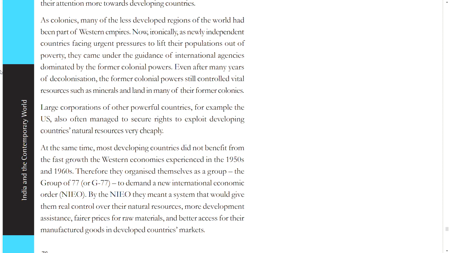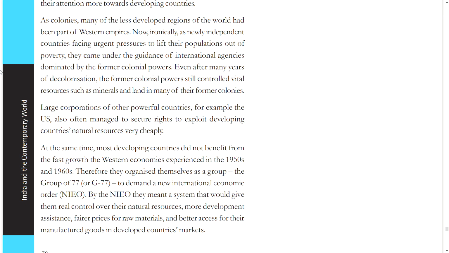Large corporations of other powerful countries, for example the US, also often managed to secure rights to exploit developing countries' natural resources very cheaply. At the same time, most developing countries did not benefit from the fast growth the Western economies experienced in the 1950s and 1960s.